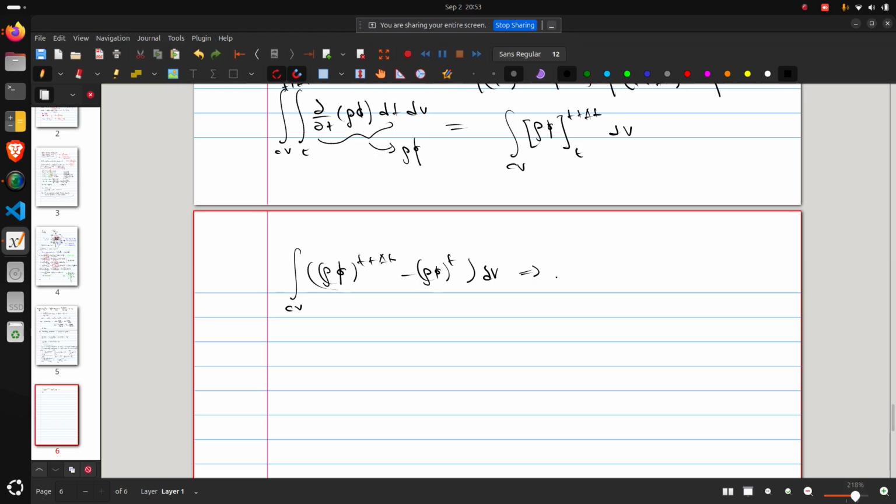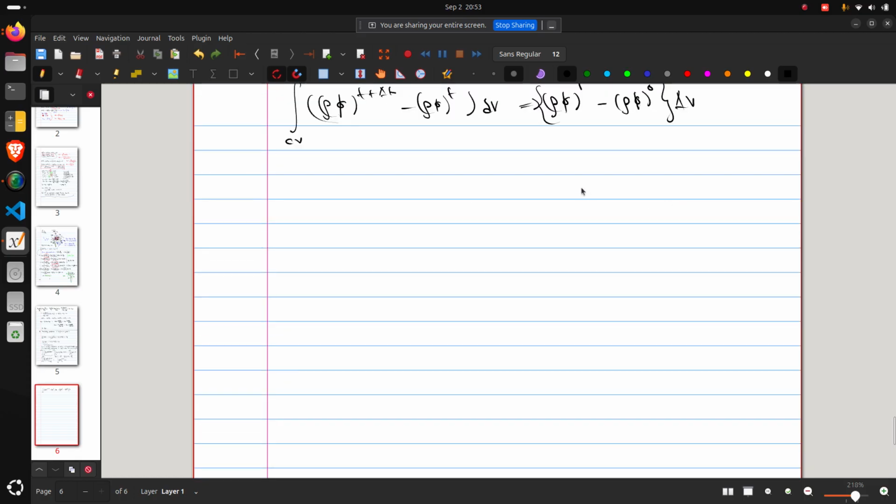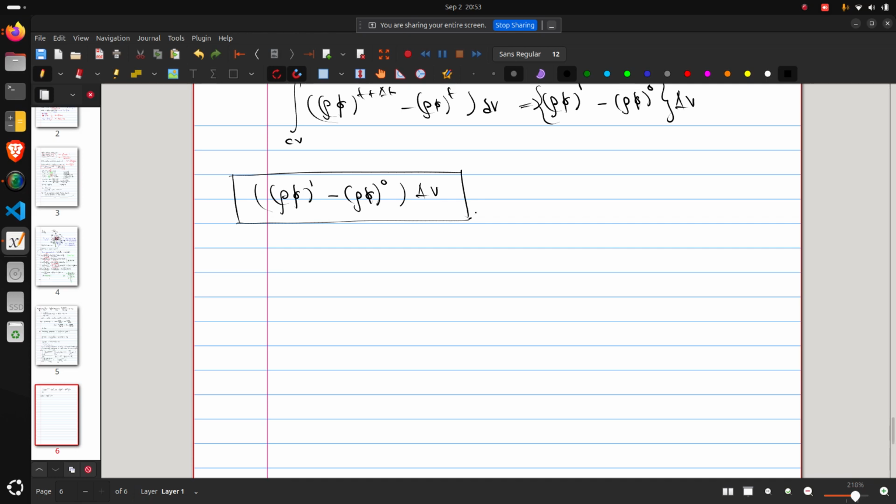So it is nothing but ρφ1 minus ρφ naught, times the ΔV, the volume. So the unsteady term becomes ρφ1 minus ρφ0 times ΔV. Okay, this is how we get the unsteady term.